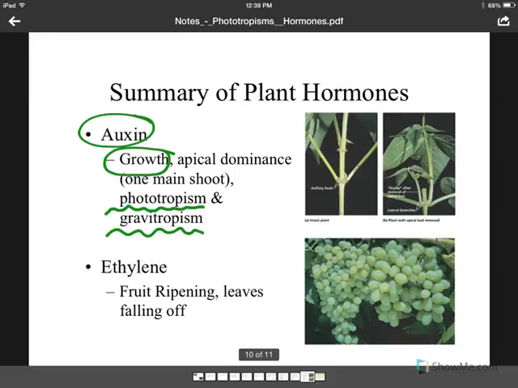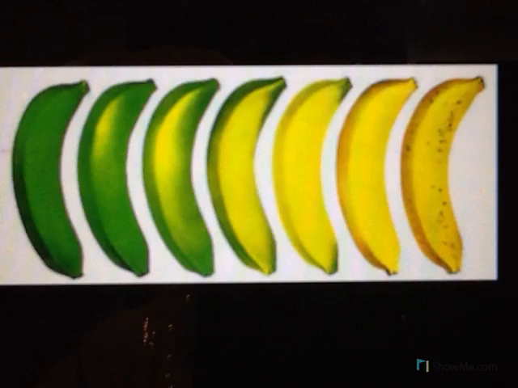The second hormone we want to take a look at is ethylene. Ethylene is responsible for fruit ripening and the leaves falling off. You've probably seen green bananas before, and you've probably seen super yellow ripe bananas with those brown dots on them. The reason that fruit ripens is because of the hormone ethylene.